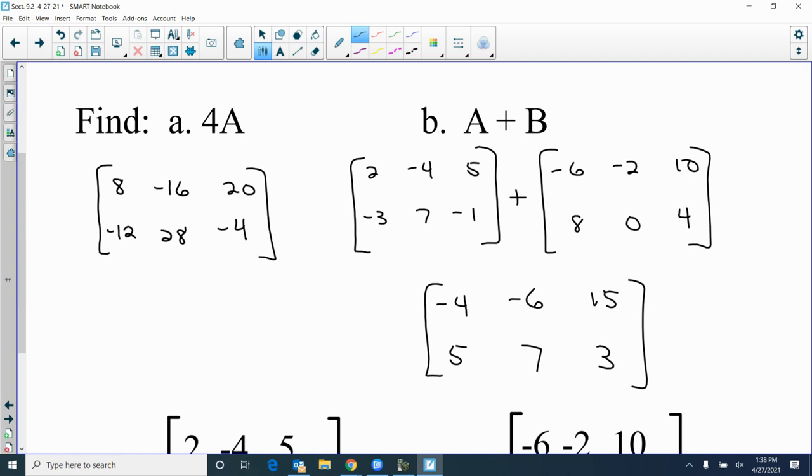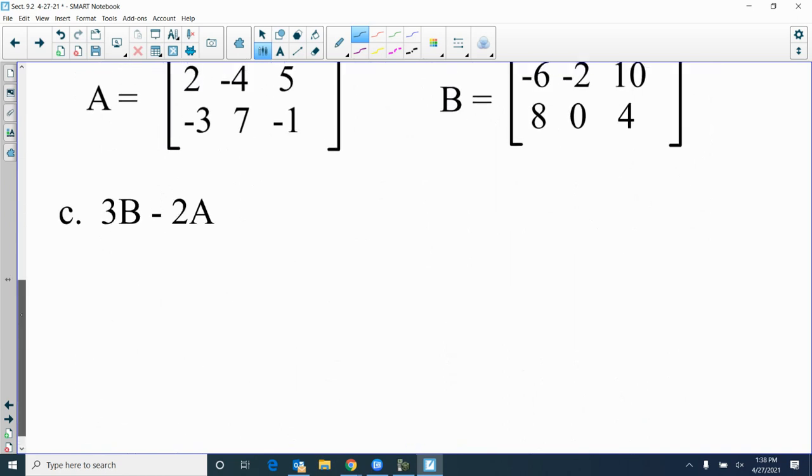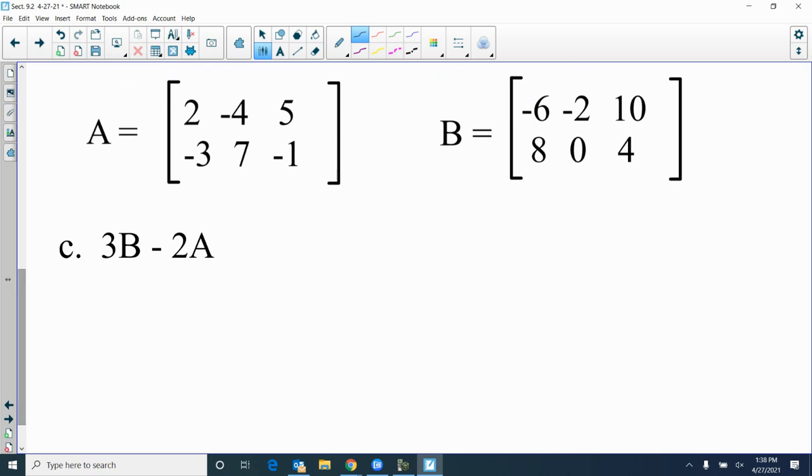All right, so for the third one, take a look at this one. We're going to do 3B minus 2A. 3 times matrix B minus 2 times matrix A. I'm going to write that one out too, just the beginning.